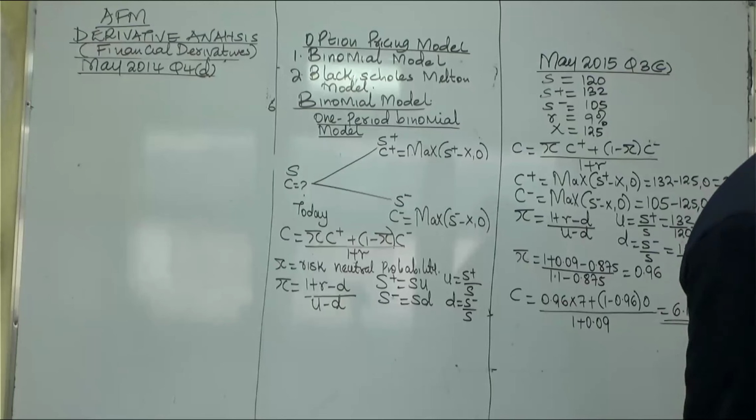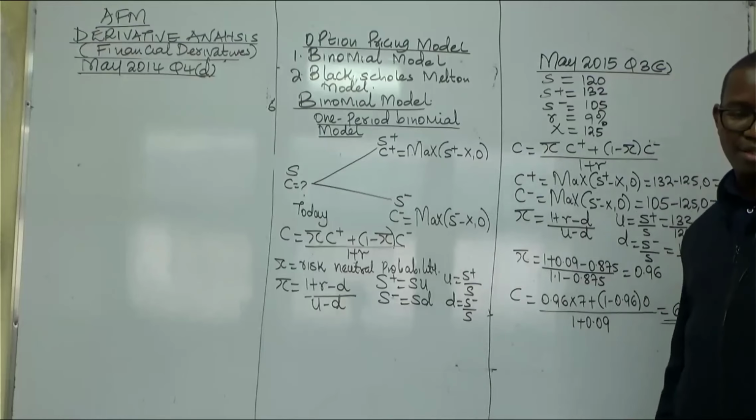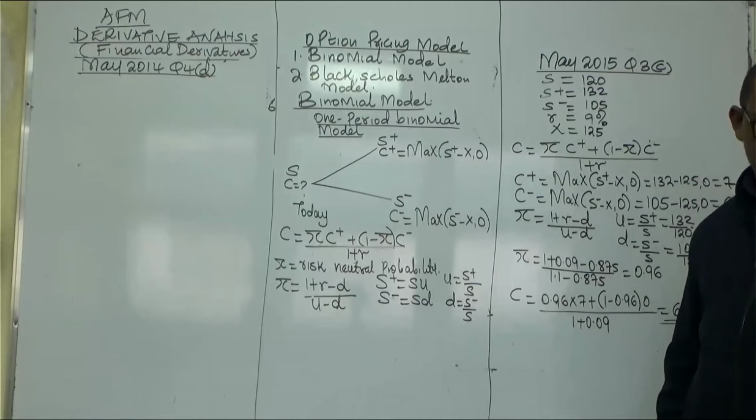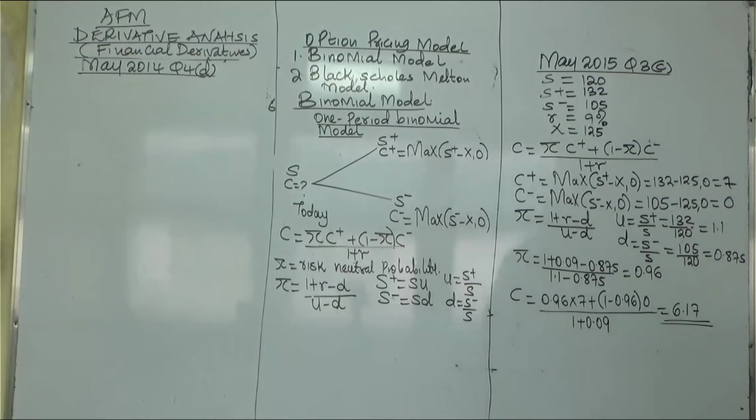Simon, the formulas are not provided. You will not be given this formula if they give you the question, so you rather get them. May 2014, question 4D, on the paper that we are still doing.